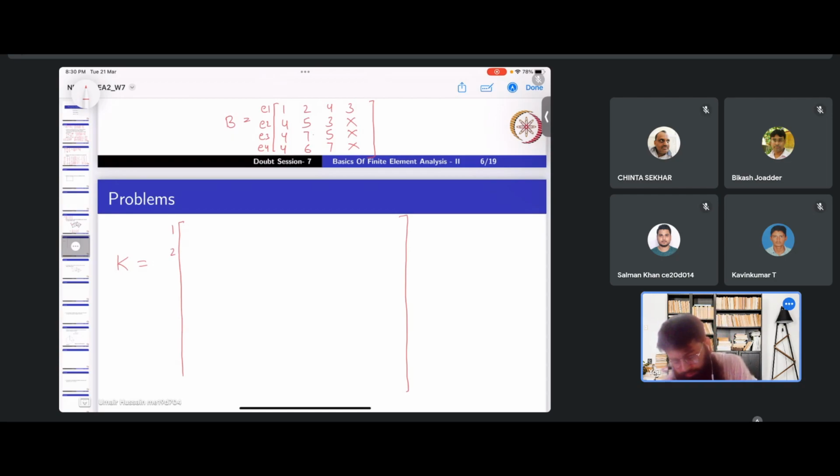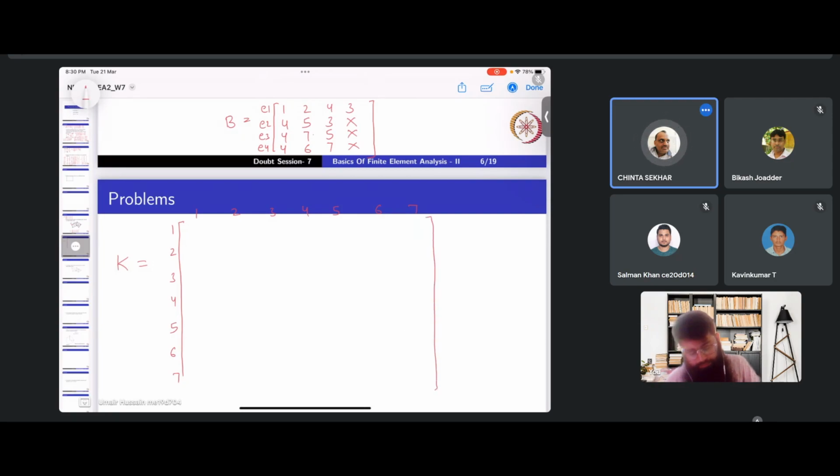The global matrix will be defined by the number of global nodes, or even the degrees of freedom also, sir. Both will be considered.